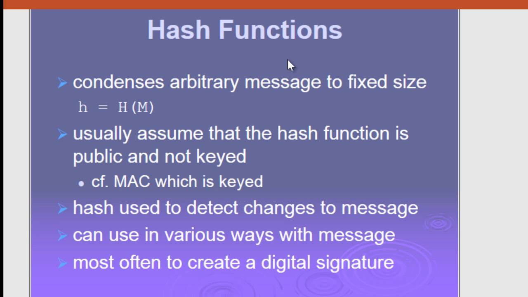Here, in the hash function also, you calculate a hash code which is a fixed size block, a representation of a variable length message of any length. But the difference is that in the MAC you use private key encryption, whereas in the hash code you use public key encryption. That is the main difference.